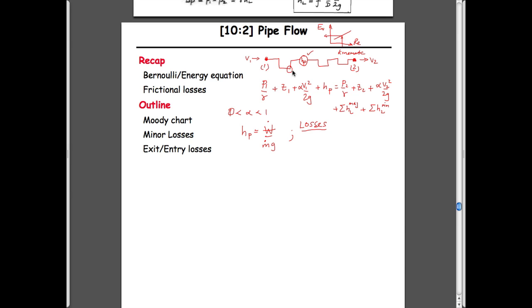And so the minor losses are typically the losses that occur in going around a corner. So we know that if we have a fluid velocity in this pipe here, then the magnitude of the velocity in both legs of this pipe will be the same.